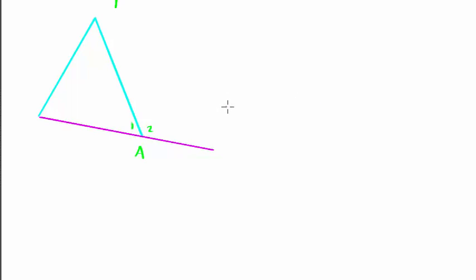So if I have a triangle and I extend one of the sides, the exterior angle is the angle that extended side makes with the triangle. That angle A2 is equal to the sum of the opposite interiors.